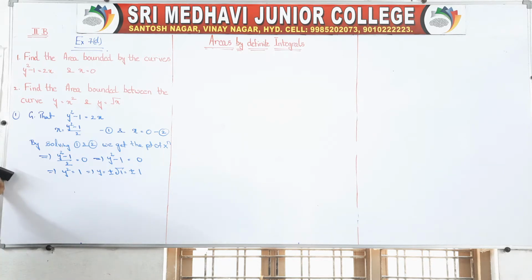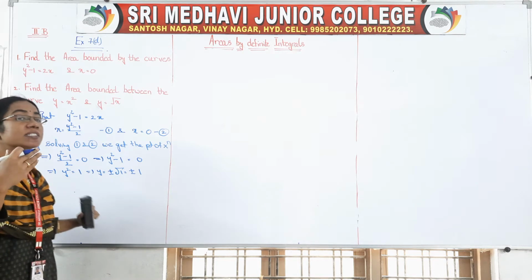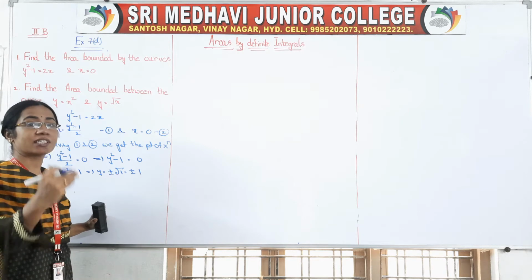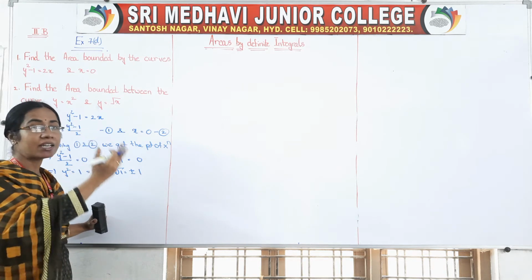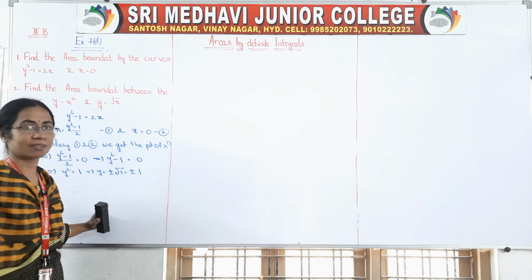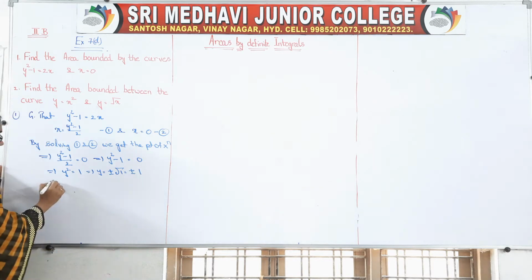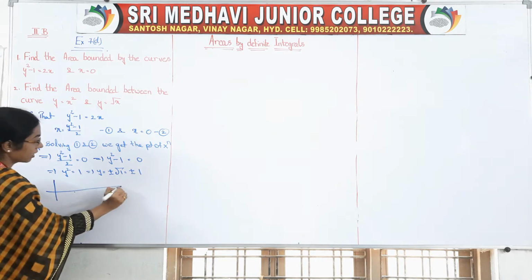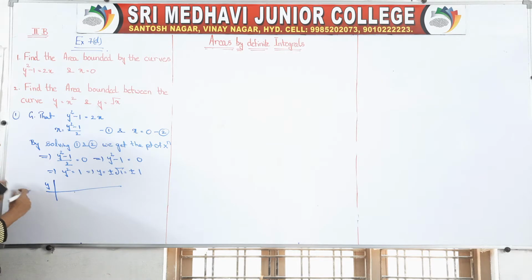Now you construct the table so that we can draw the diagram and see whether the curve is on the right side of the y axis or the left side. Generally, while constructing the table, we take x above and the curve equation is y in terms of x.